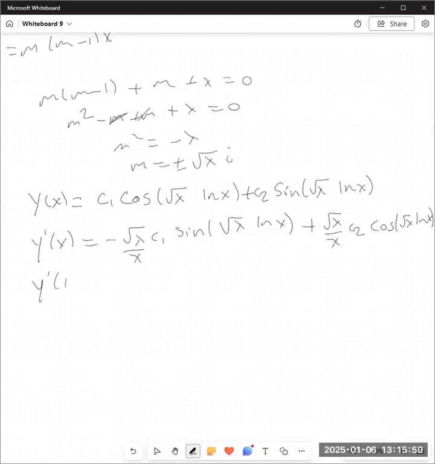So y prime of 1 is equal to negative root lambda C1, this is all 0. So this is root lambda over 1 is root lambda, C2, cosine of 0 is 1. That needs to be equal to 0.